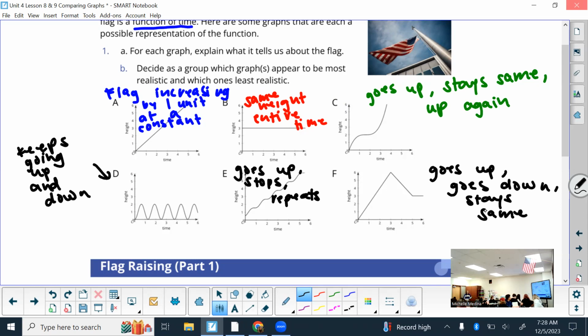So, table 5, what did you guys say is the most realistic? So which graph is most realistic? F. Okay, so class, do you agree, is F pretty realistic?